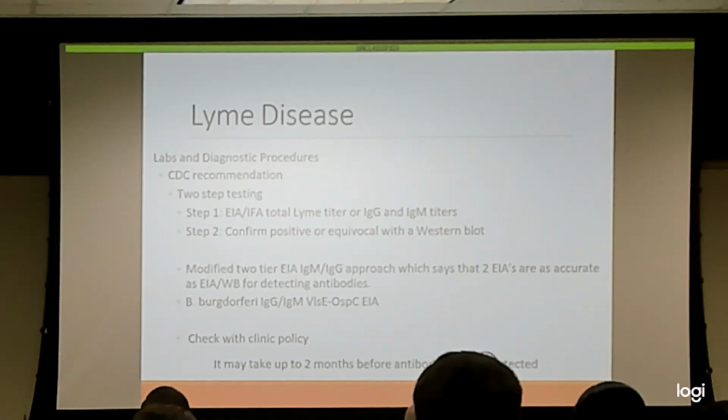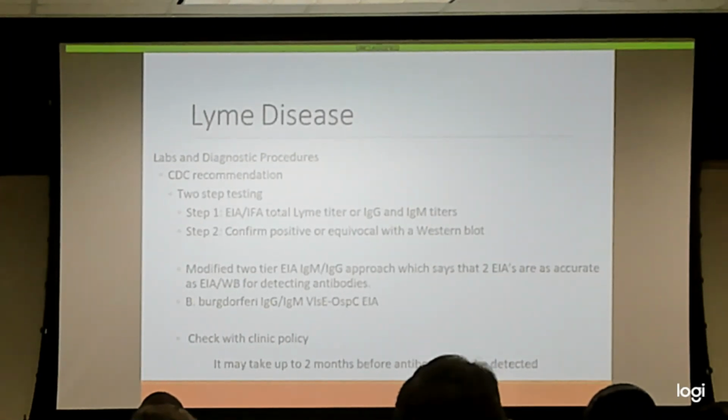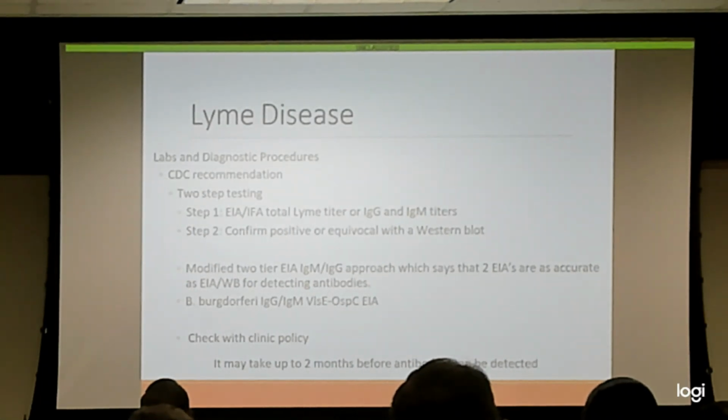Everybody doesn't have that, so you have to ask your local institution if they actually have it. And here, as we talked about before, the IgG and IgM at a minimum can start taking 2 months. On average, it's 2 to 4 weeks for it to start developing in your body.